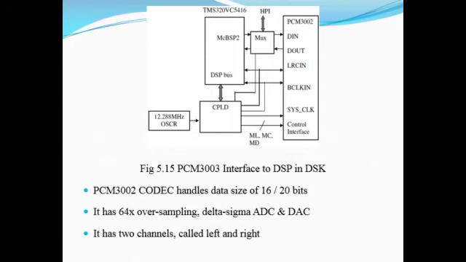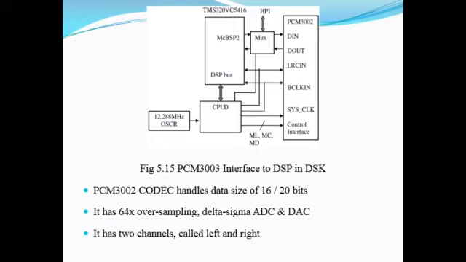We can see that there is a CPLD available, there is a TMS320 device available, and the codec unit, which is referred to as PCM3002, and it has a mux or multiplexer which is going to select a signal generated by the CPLD.